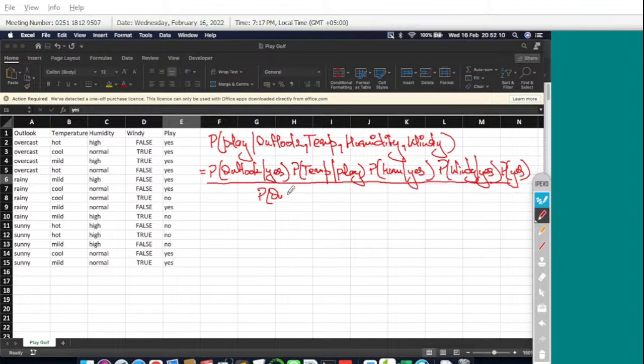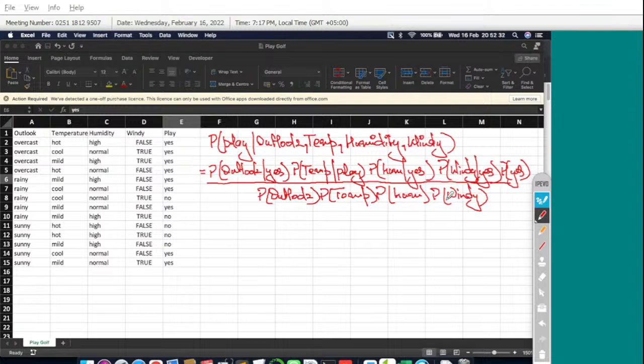the probability of outlook, the probability of temperature, the probability of humidity, and the probability of windy. Right? We don't need to calculate it.